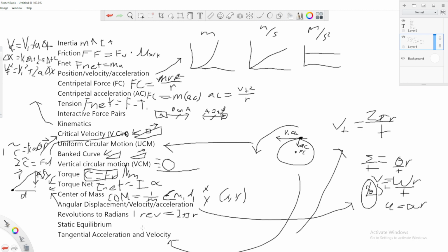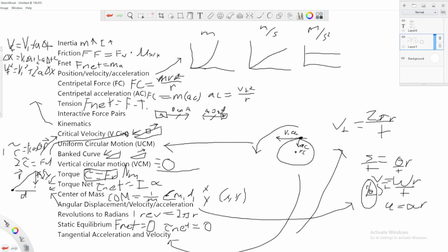Other thing is if you're changing RPM into radians a second, just divide it down to revolutions a second, and then you multiply it by 2 pi, because one revolution is equal to 2 pi. Moving on to static equilibrium, just remember F net equals 0 and torque net equals 0. And just solve from there.